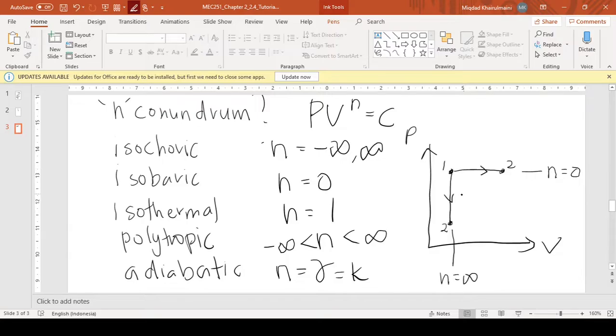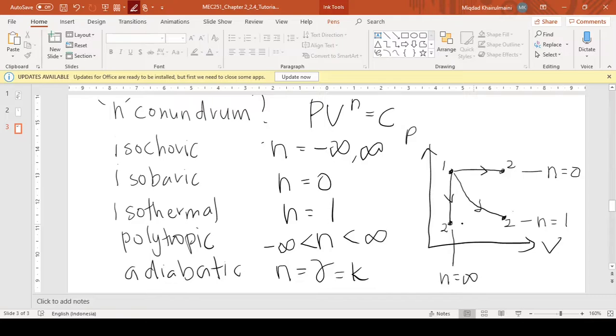And then we have the isothermal. The isothermal process is a curved line, so we have a curved line here somewhere in the middle, for state 2, and n equals 1.